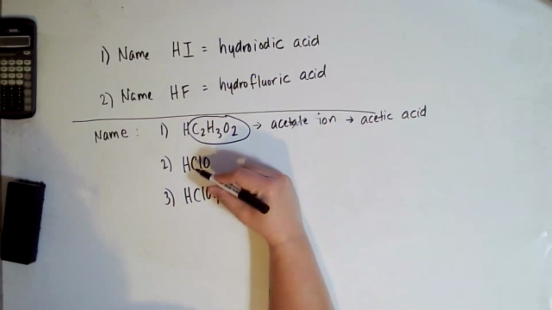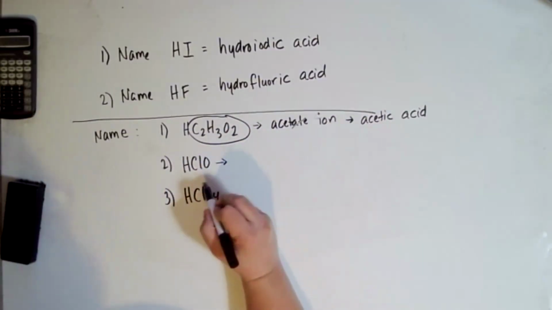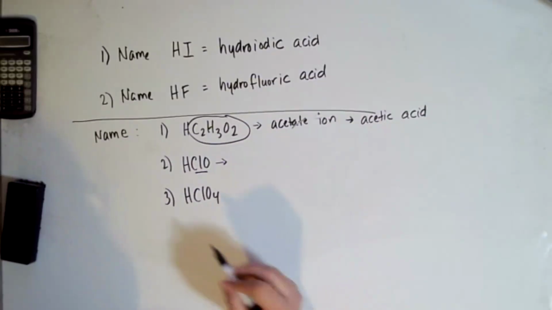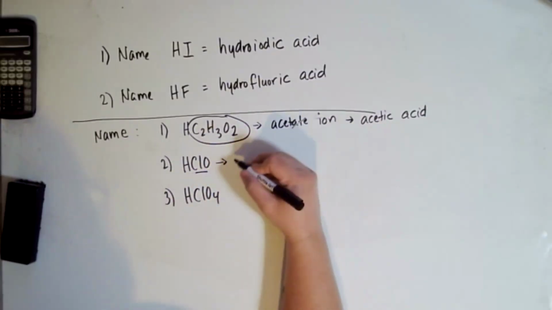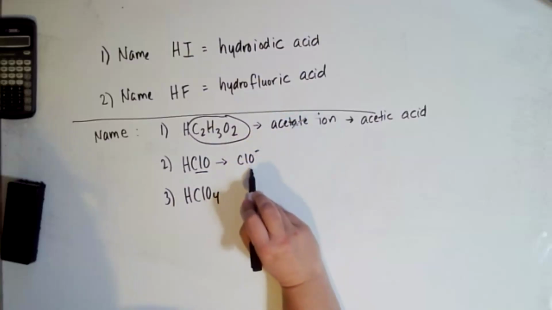Okay. For our HClO, I am going to look at the ClO here, and you've got to think to yourself, what is the ion that's going to be ClO minus?